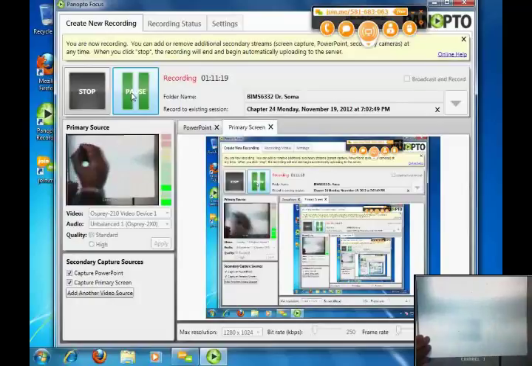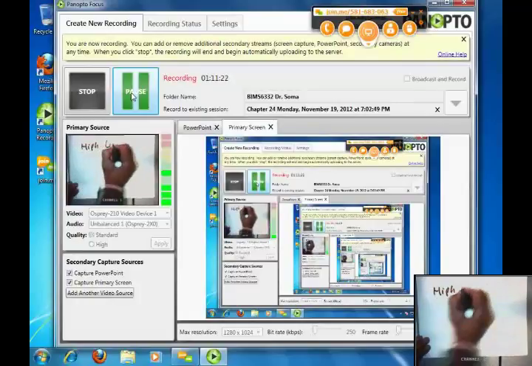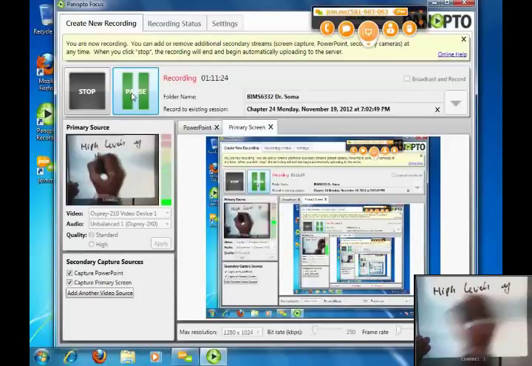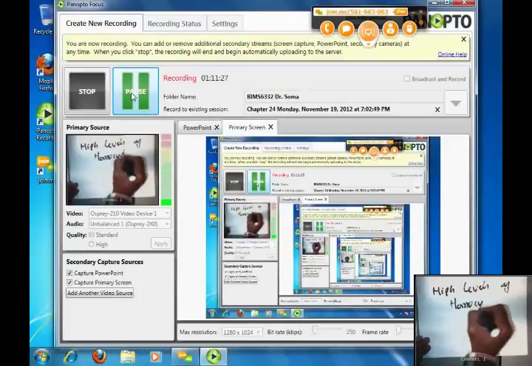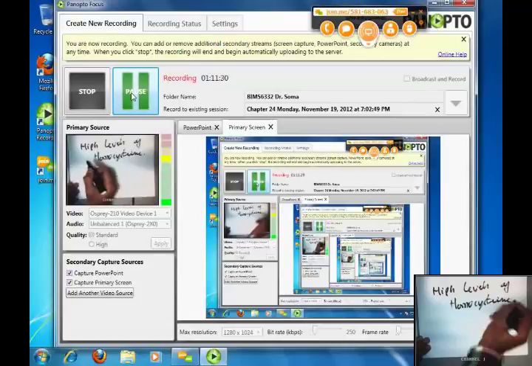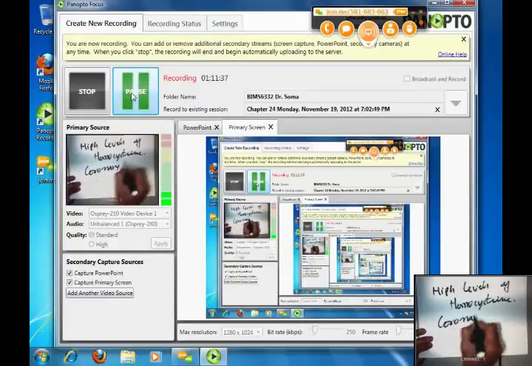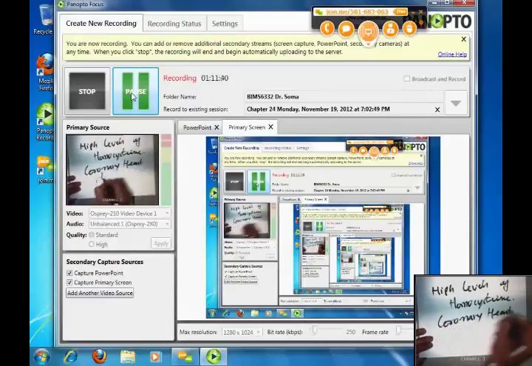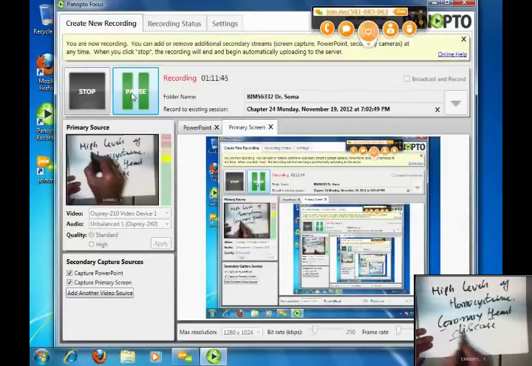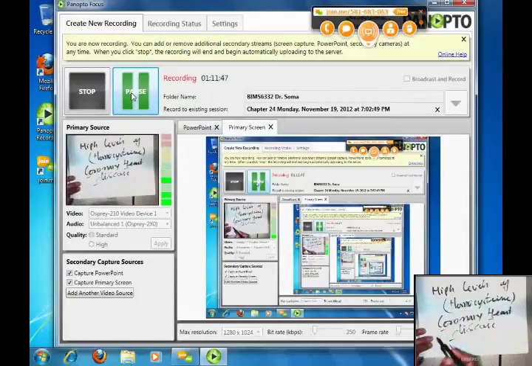A high level of homocysteine leads to a high risk of coronary heart disease, CHD. Why? Because the homocysteine is not being used with the serine to form cysteine.